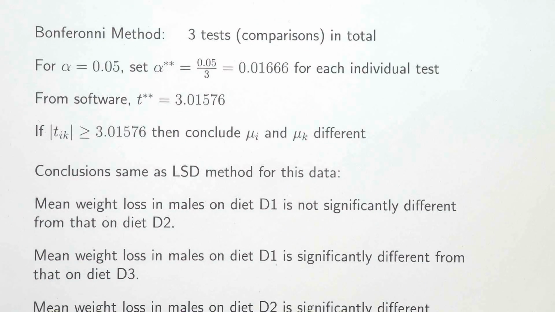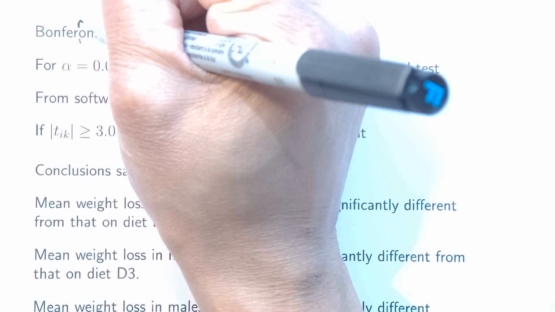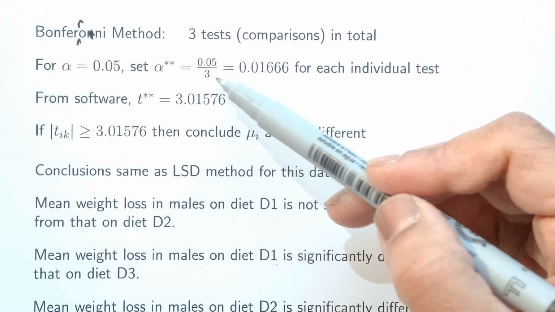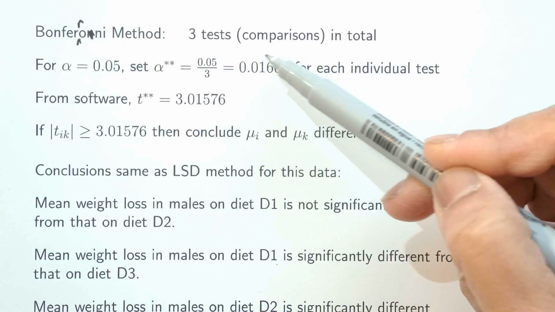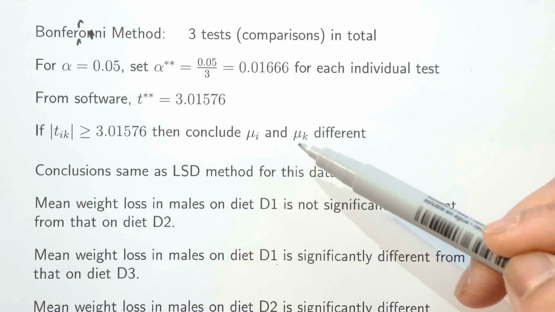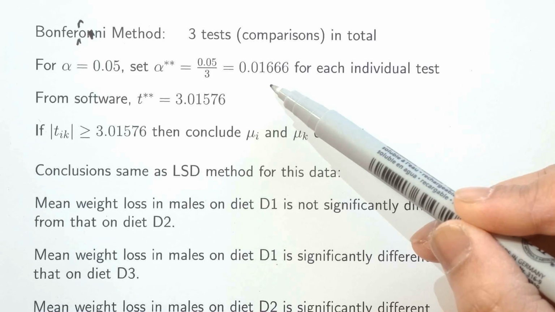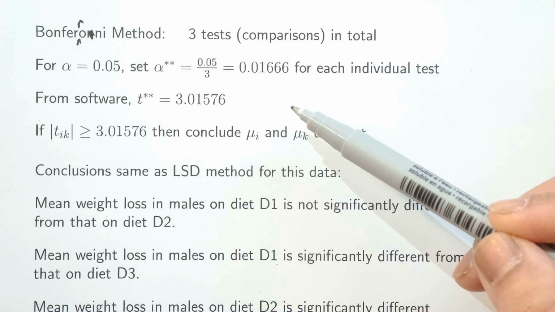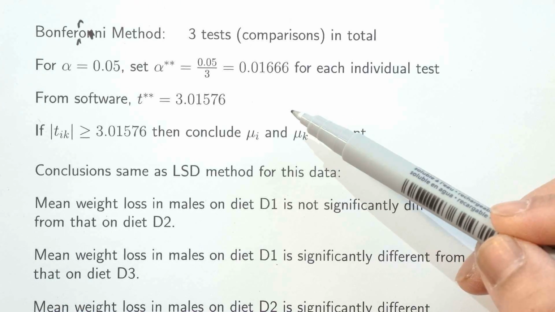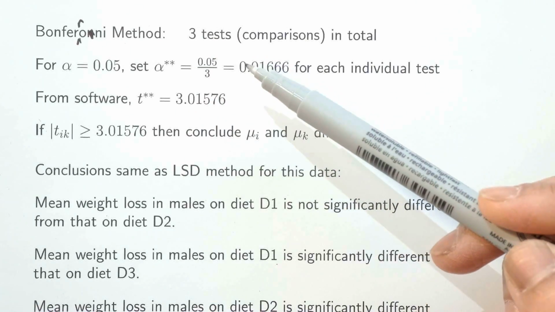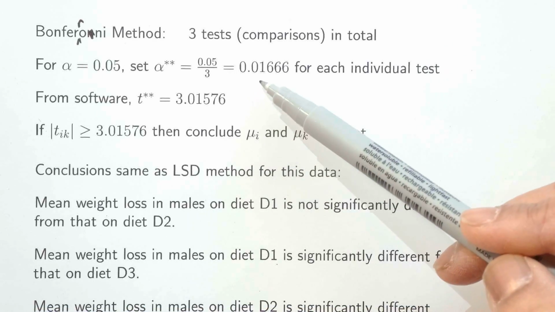So for the Bonferroni method, we were doing 3 comparisons in total. As we saw on the previous page, alpha star star would be 0.05 over 3, which gives us 0.0167. So for any individual test, we want the significance level to be much stronger, at 0.0167, so that as a family, if all 3 tests come up significant, they are simultaneously significant, with a family alpha level of 0.05.